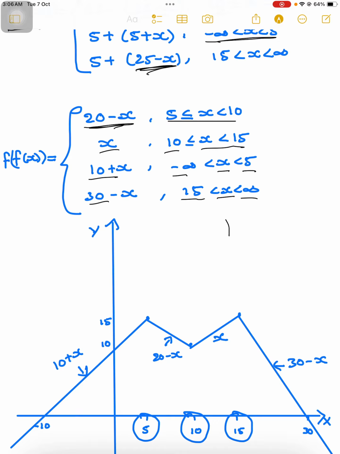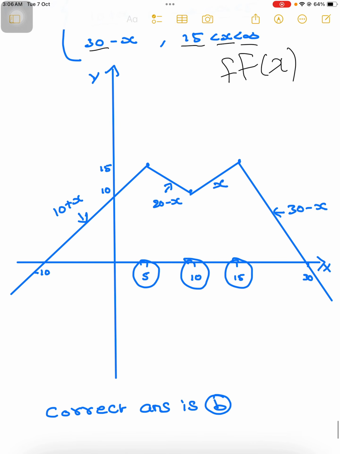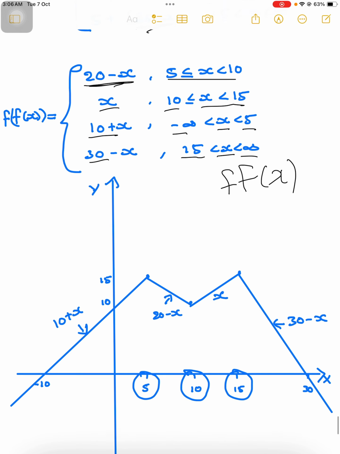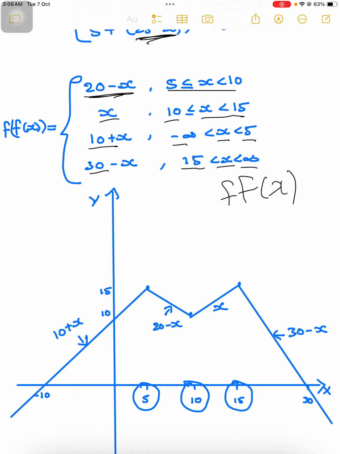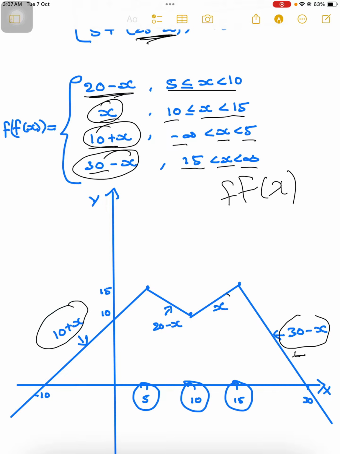I have drawn this function's graph. Now carefully observe: 30 minus x is this graph, 10 plus x is this graph, x is this graph, 20 minus x is this graph.